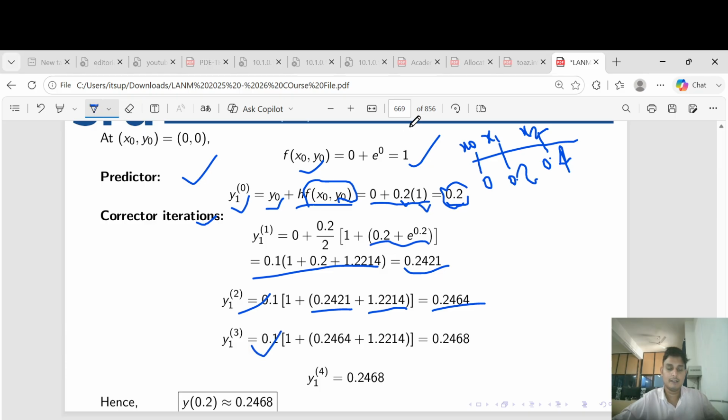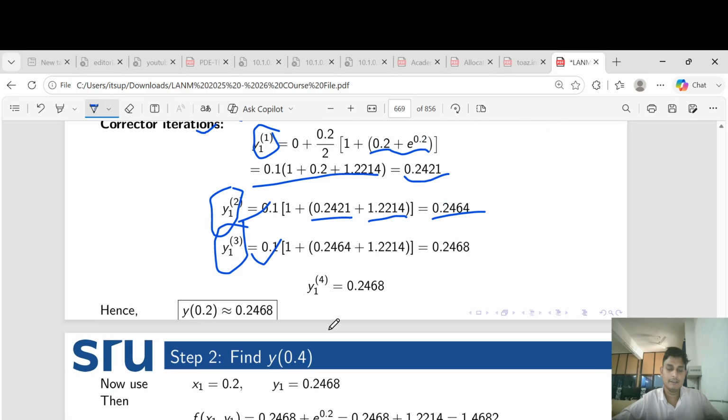So first you evaluate y1 at 1, y1 at 2, y1 at 3. If you evaluate, the first value is 0.2421, the second value is 0.2464, and the third value is 0.2468. Then you can see 0.24, 0.24, 0.24.